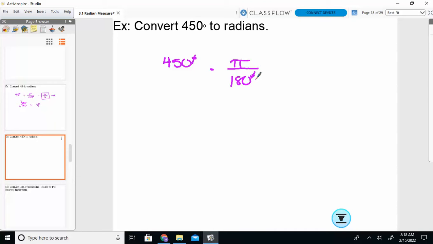All you really have to do on your calculator is 450 over 180, and then change that to a fraction. So what does that give us? You could say 2.5 pi if you wanted, or 5 pi over 2, either way.